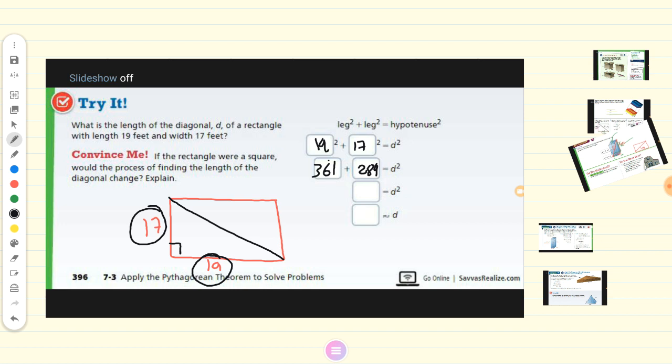After we add them, it equals 650, and after we take the square root of both sides, it will be 25.49 maybe, so we can say 25.5. Okay, so this is how to solve a problem like this.